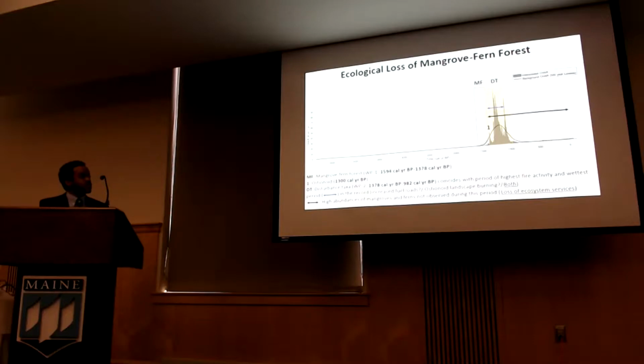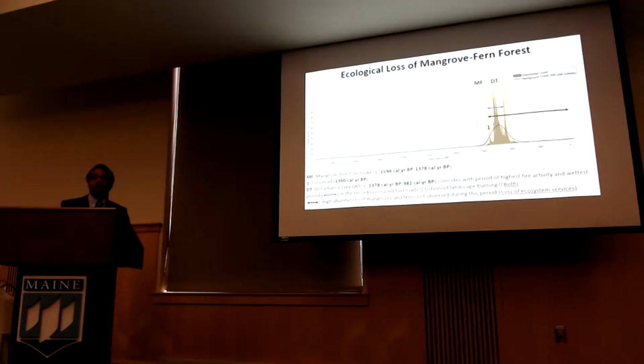Here we have our prehistoric fire curve once more, but superimposed over that curve are a number of important ecological and climatological trends, which are important for understanding the story. Based on our pollen analysis, the green tile, we identified a swamp mangrove fern forest at the base of our record. This forest was replaced by a suite of disturbance taxa, including species from the families Amaranthaceae and Asteraceae.